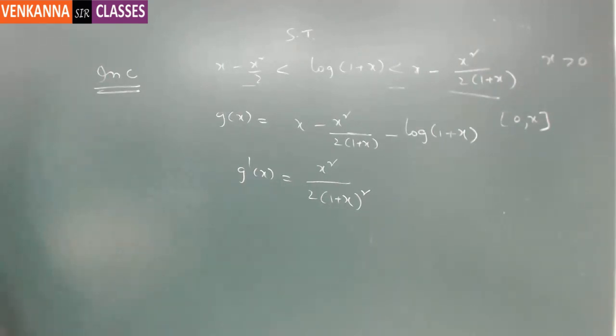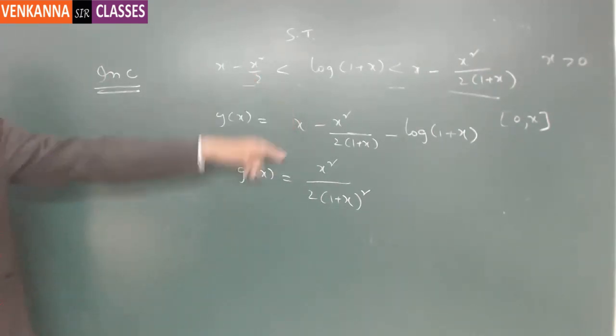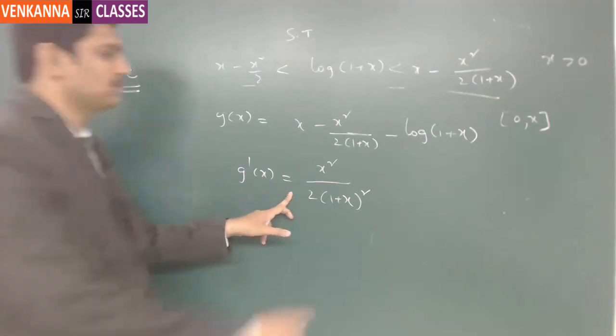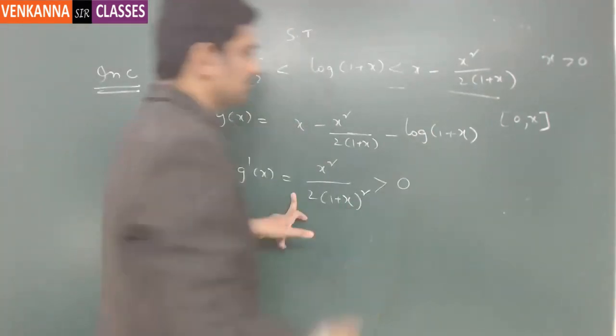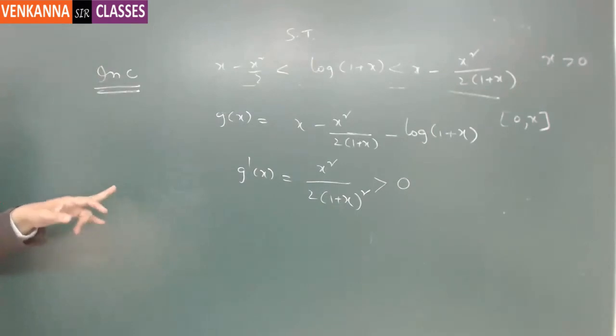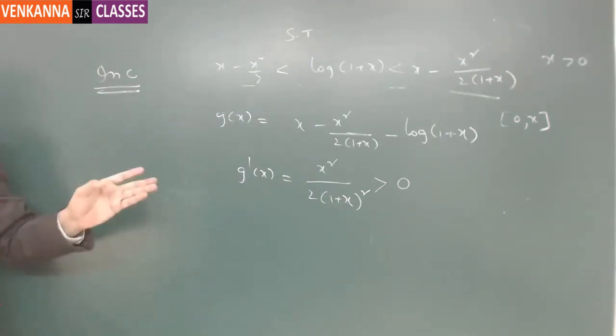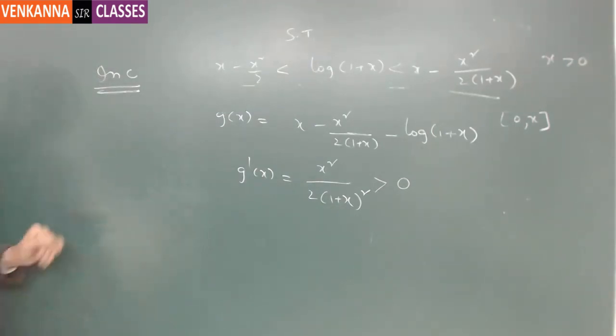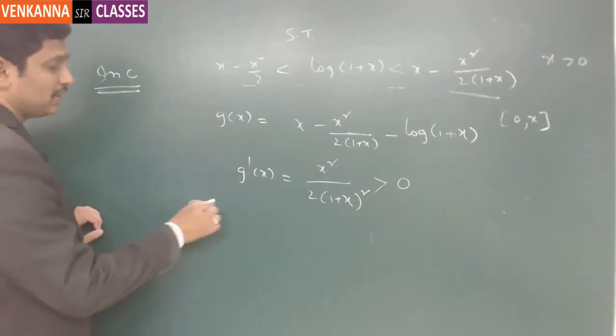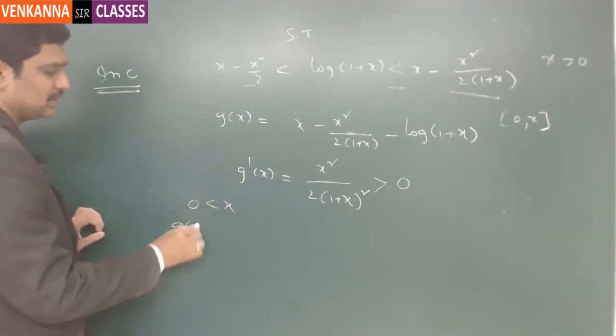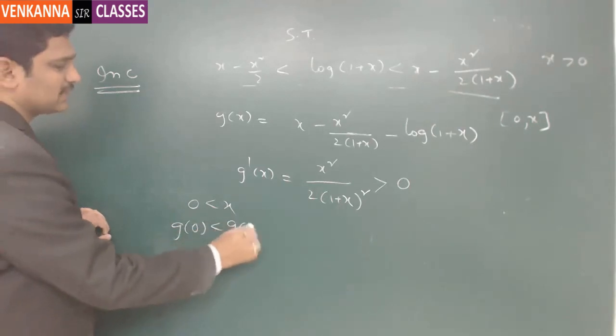Since you are taking x as positive, this value is positive. Accepted? Therefore, g is an increasing function. So for 0 less than x, g of 0 is less than g of x.